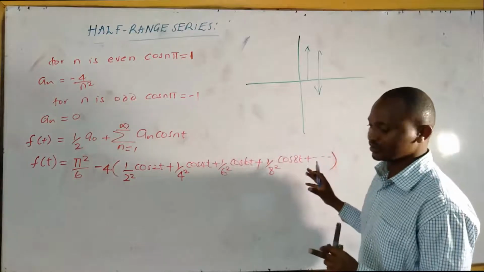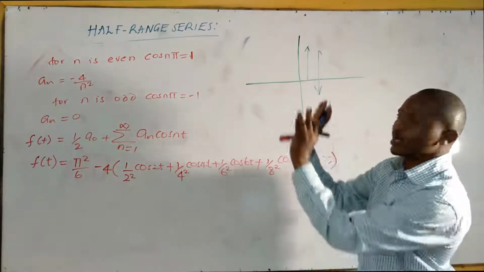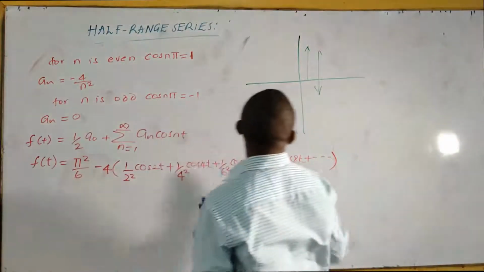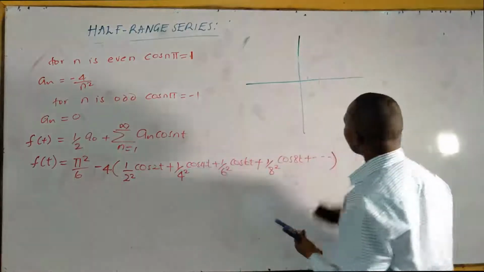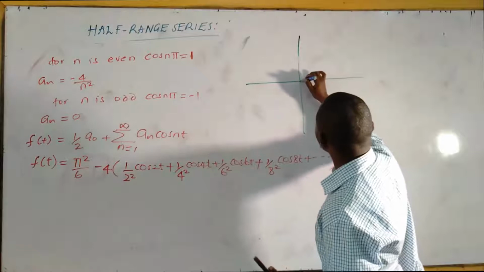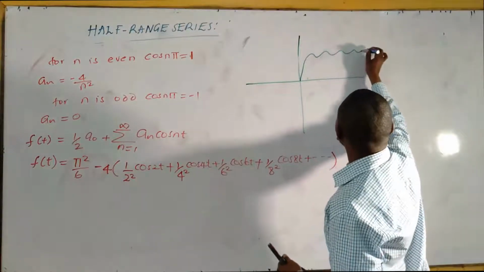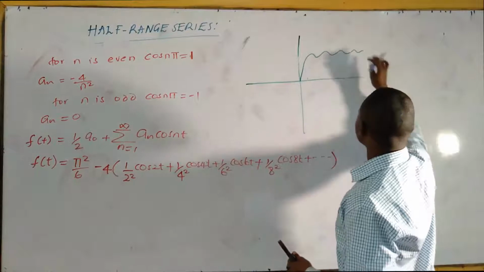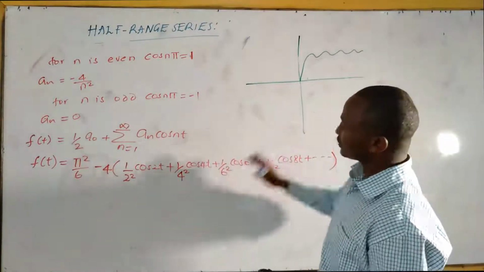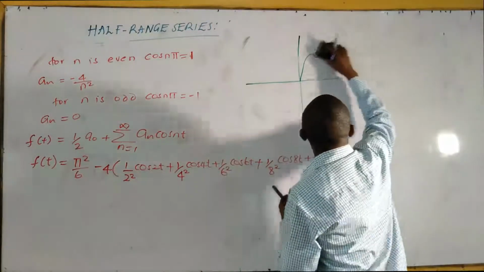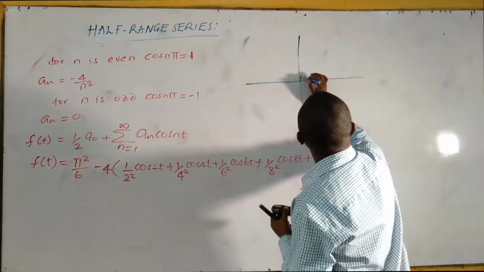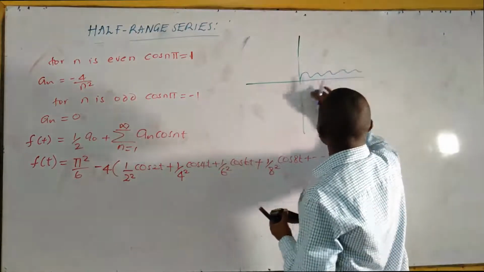For example, let us assume our waveform was something of the sort. Maybe it's a pulsating DC current.